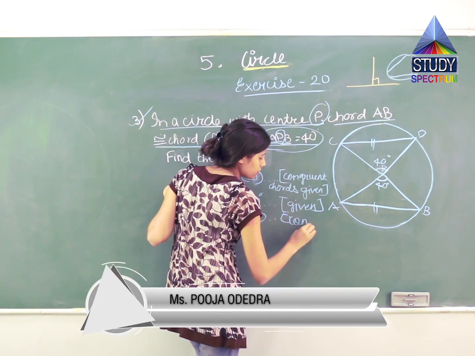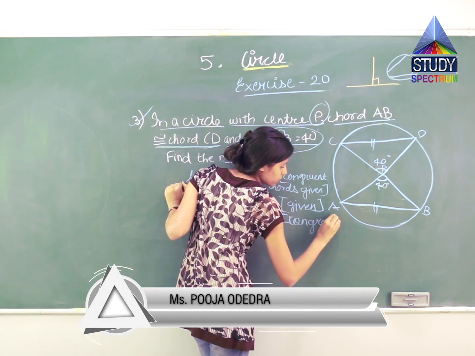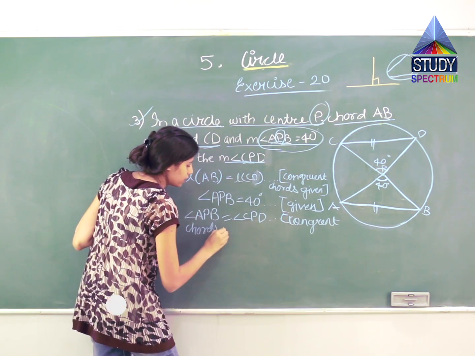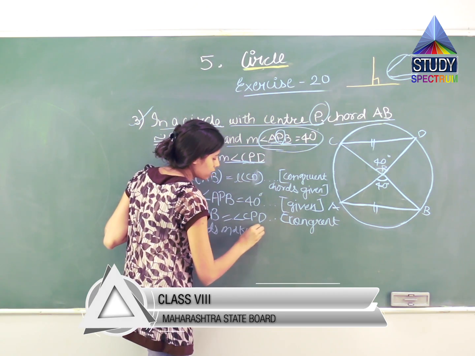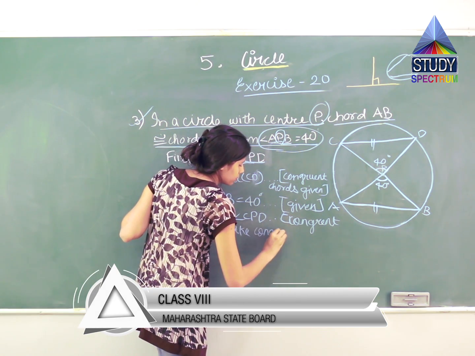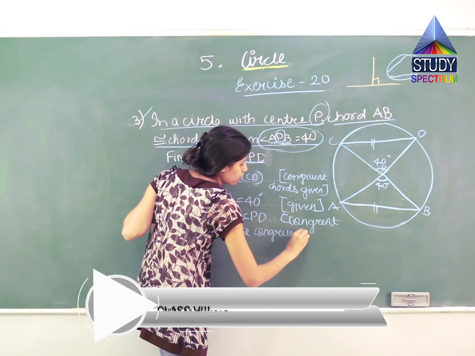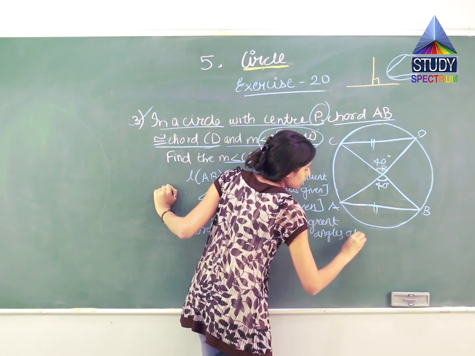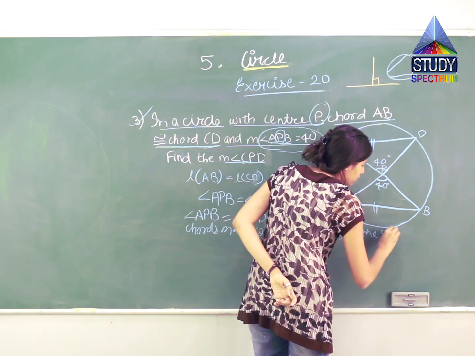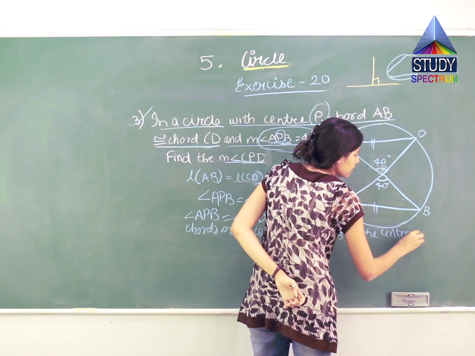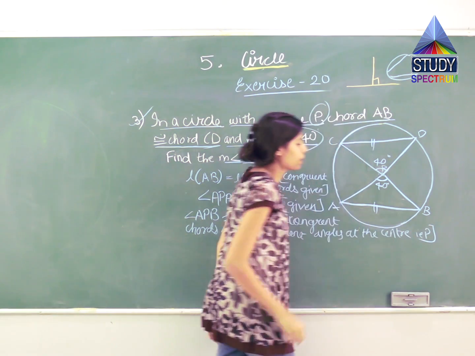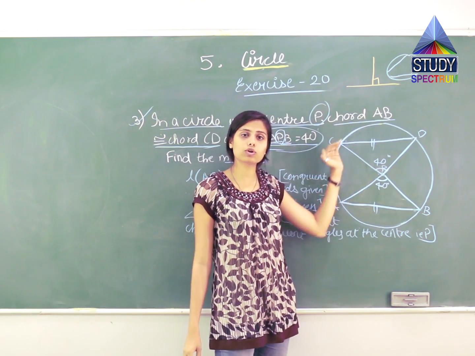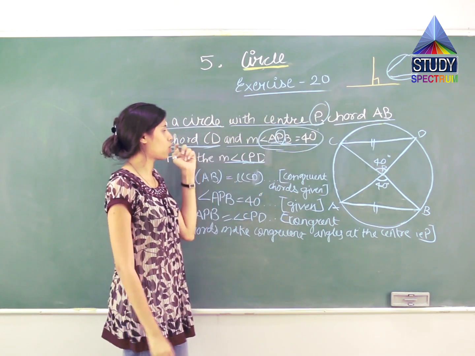Congruent chords make congruent angles at the center, that is P. Means what? AB is a chord, CD is a chord. AB is congruent to CD, given in the question, right? Chord AB is congruent to chord CD.